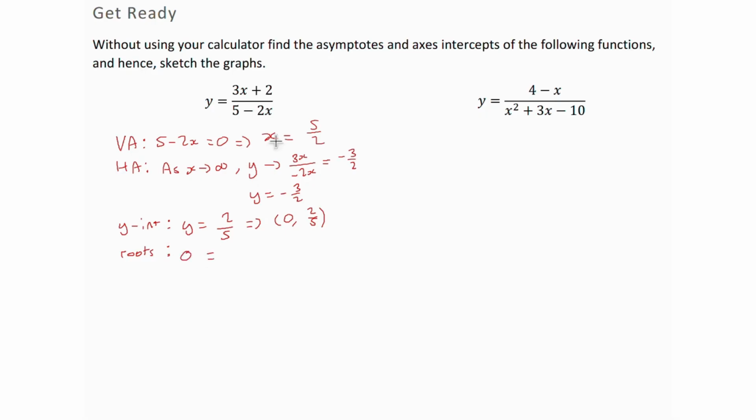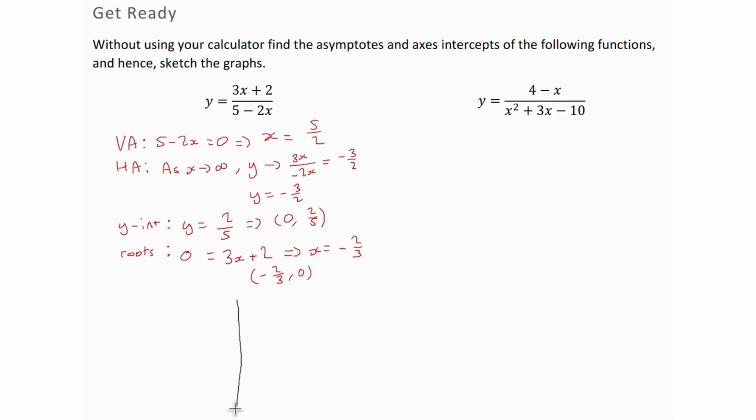So 0 is equal to this fraction, but that just means that 0 is equal to the numerator because the denominator can never be 0. So solving this, we get x is equal to minus 2/3. So our root is at (minus 2/3, 0).